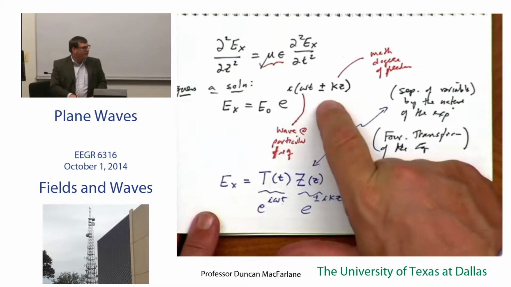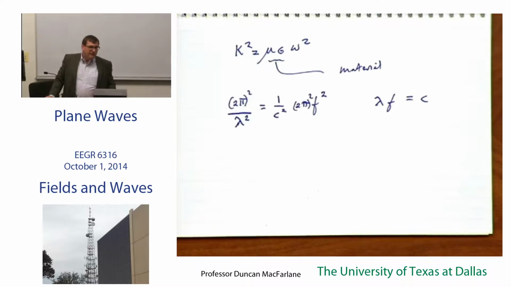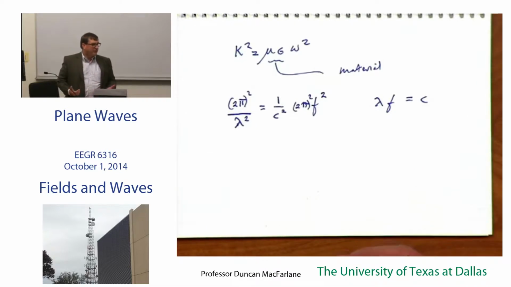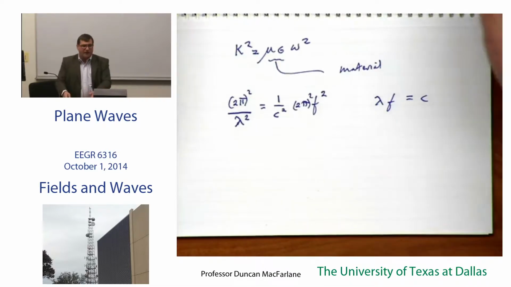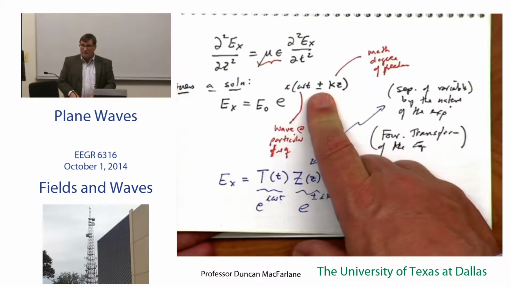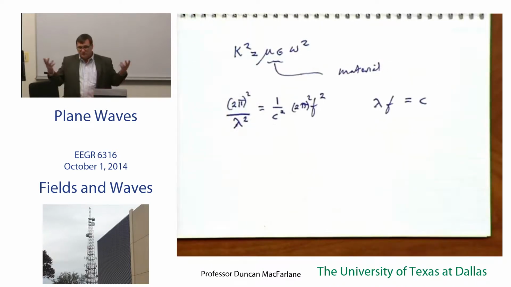And so this plus versus this minus is whether this plane wave is coming or going. If this plane wave is moving towards you, positive z, it's an e to the minus ikz. If it's moving away from you, or positive minus z, it's an e to the positive ikz. So that's where that plus or minus terminology comes from. It was odd that I adopted it, but now we've gone back and we've given it physical meaning. And I can't go back in time, right? So I'm kind of stuck with that.